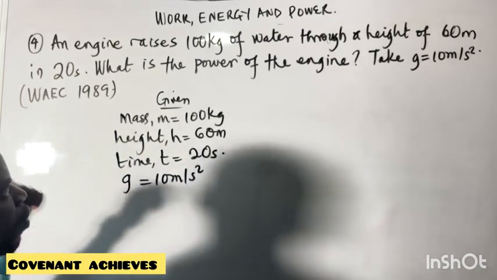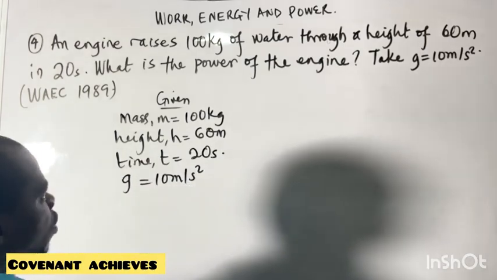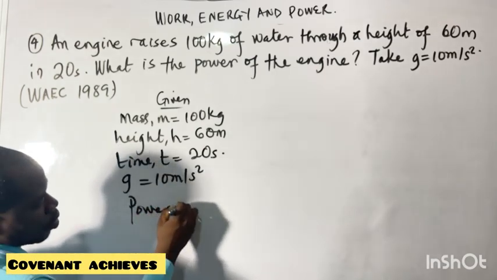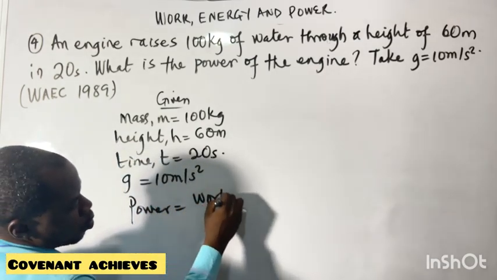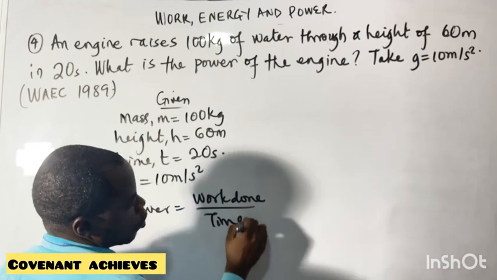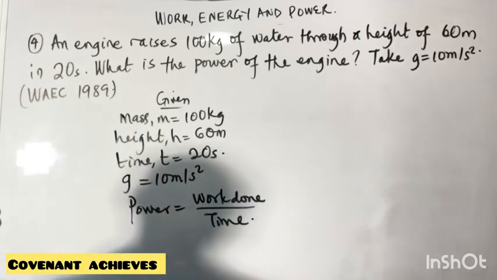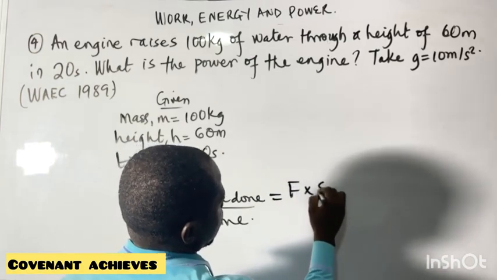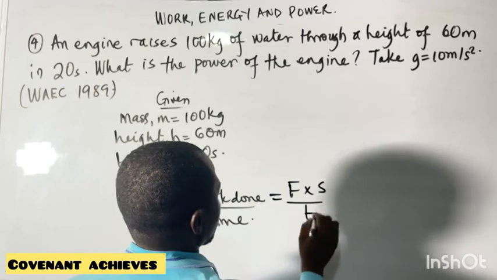So we want to look at the power of the engine and how do you calculate that? Remember, we have established that power is equal to work done over time. So in that case, I know that work done is equal to force times distance, over time.